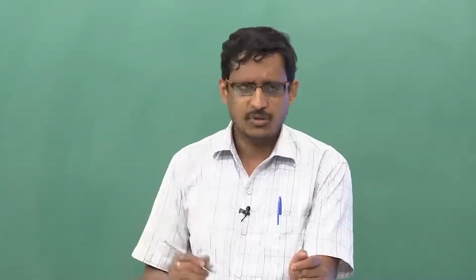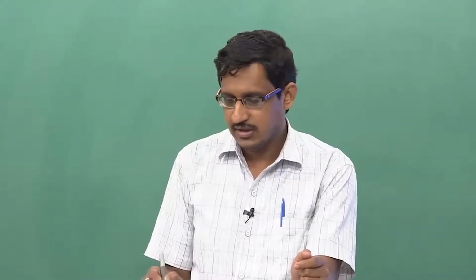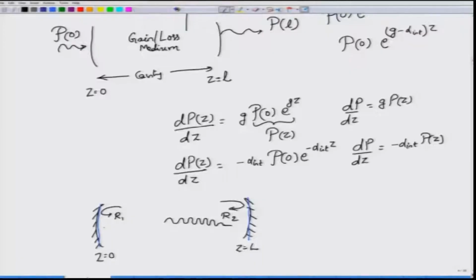Let us say for some reason the power in the form of the optical wave is travelling in this way. So, maybe it starts at the origin over here and travels all the way to the end. What would be the length over which it has travelled? A length of L. What would be the gain it would have experienced? g times L. What would be the loss? Minus alpha int times L, right.